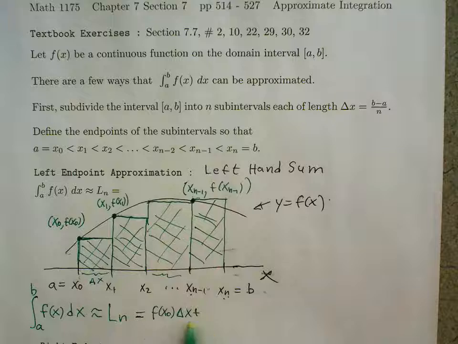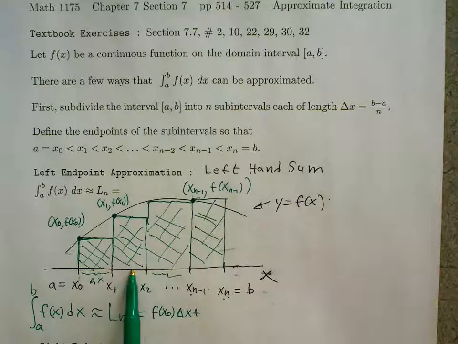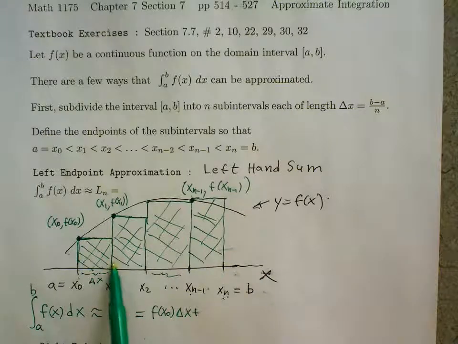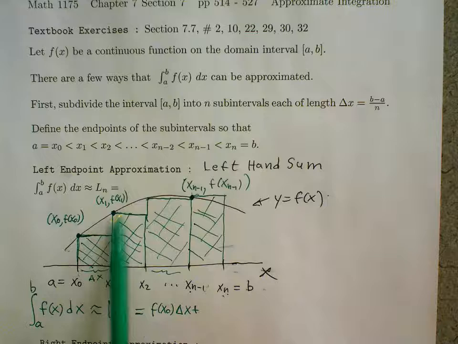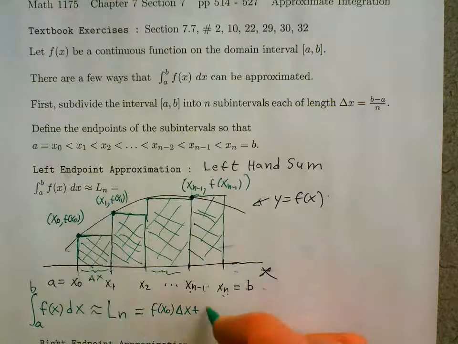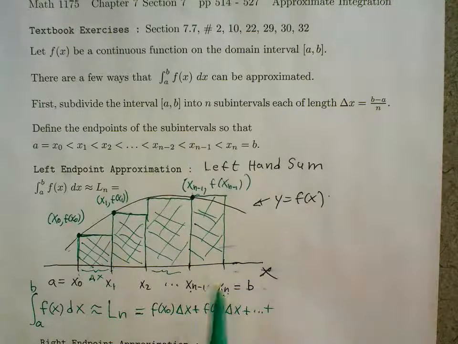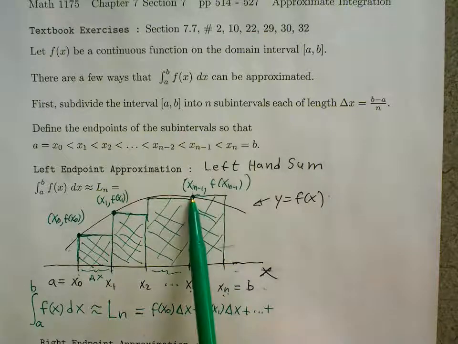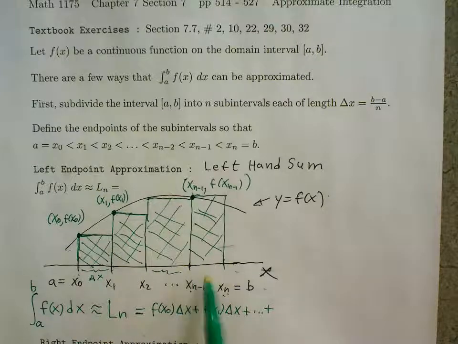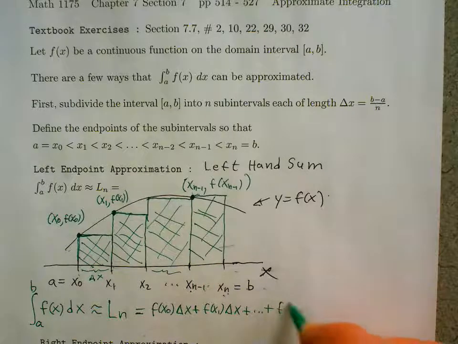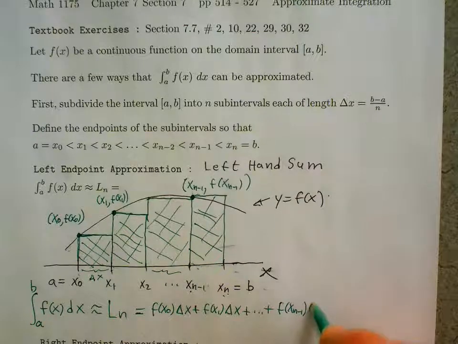Then the second rectangle, what's the area of that? The height of the second one is f of x sub 1, and the base length is delta x, and so on. At the other end, the final rectangle, the height is f of x sub n minus 1, and the base length is delta x.